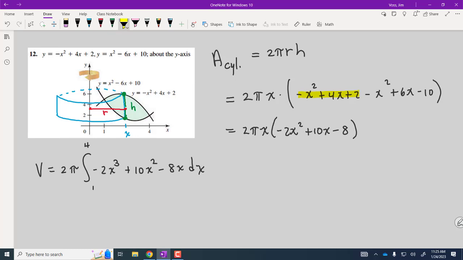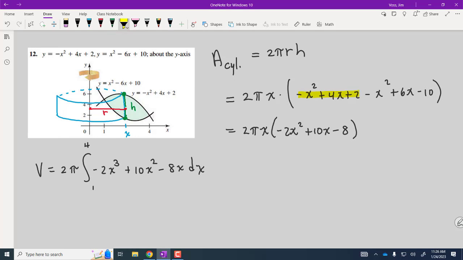And so we're just going to say if we draw a random vertical element, that's going to be at a random x. If we draw a random horizontal element, it'll be at a random y. So this vertical element is at that location x, whatever it happens to be. And like you're sort of implying that it's a variable, so you can imagine that vertical element at any x between x equals 1 and x equals 4.